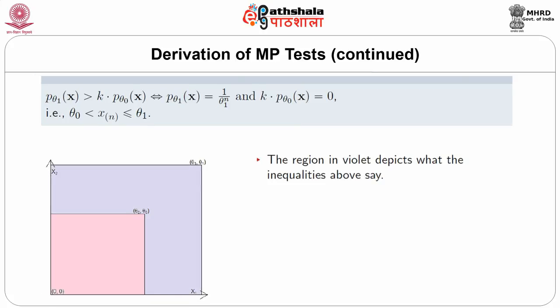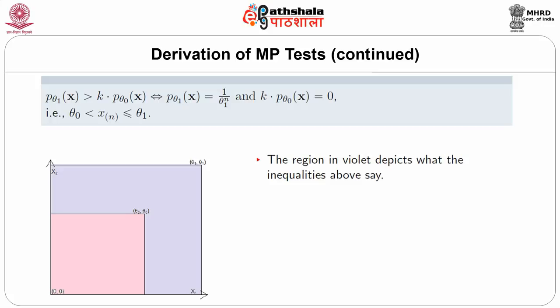The region in violet, you see, is the region where X order n lies between theta naught and theta 1, and the pink region is the region under theta equal to theta naught.